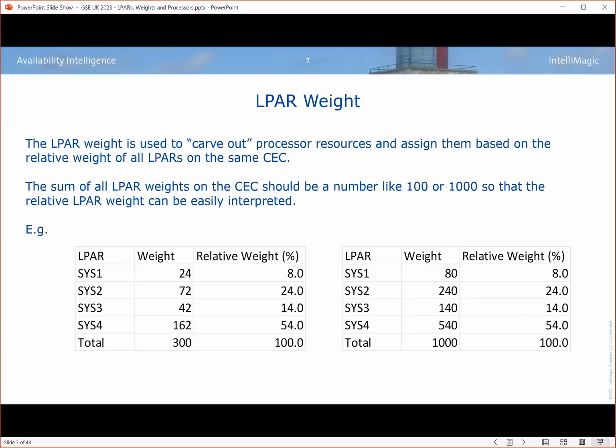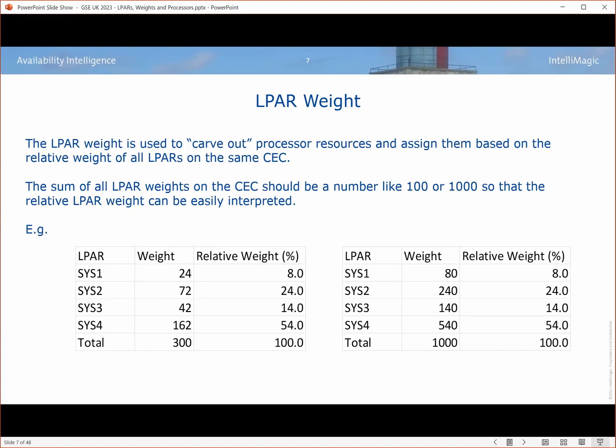And the weight is used when we look at the relative weight, i.e. this LPAR compared to the others defined in that CEC, it's used in order to carve out the resources that we want for that particular LPAR. So the LPAR weight number is really used just to work out the relative amount.